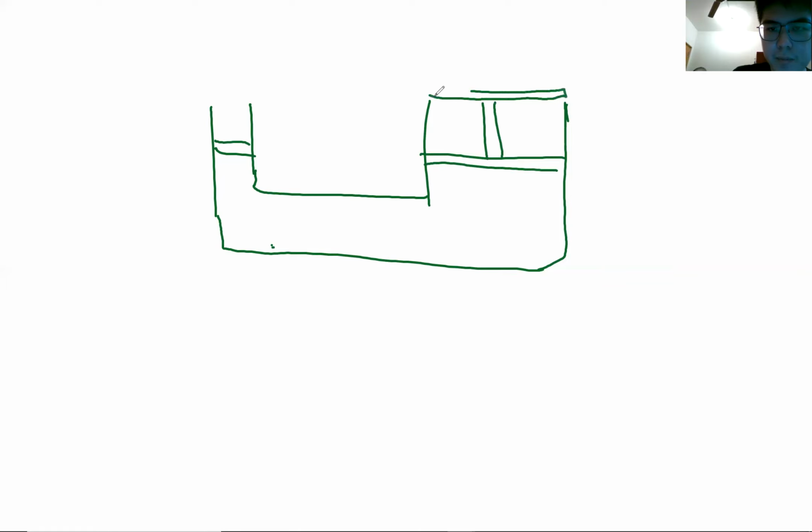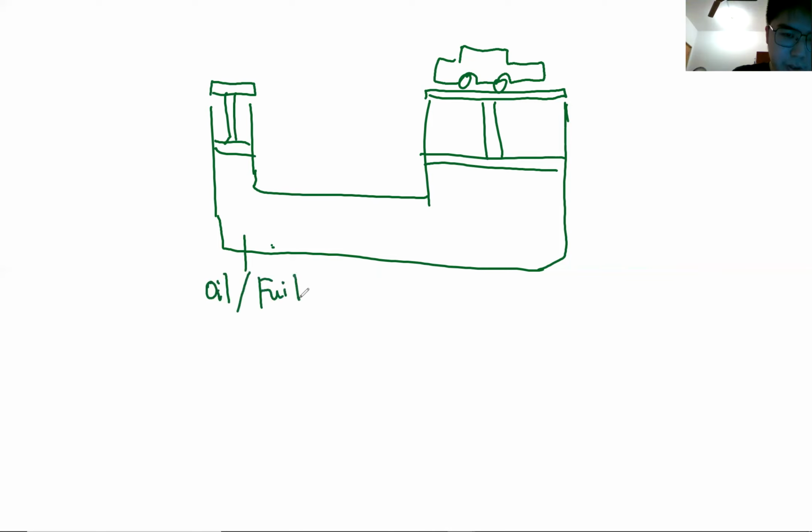It is the same hydraulic system that is used to raise up the car in any mechanic shop, right? They use the hydraulic system to raise it up. So this is the smaller piston again, and this is the larger piston. This is the hydraulic oil or any type of fluid.